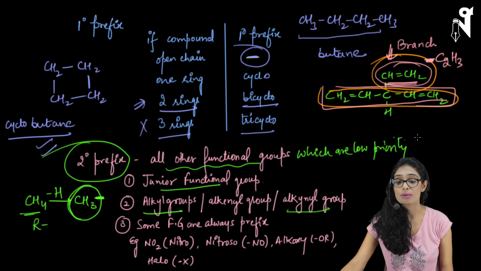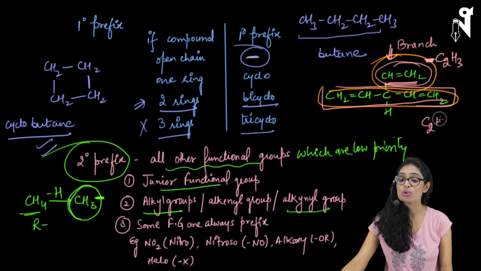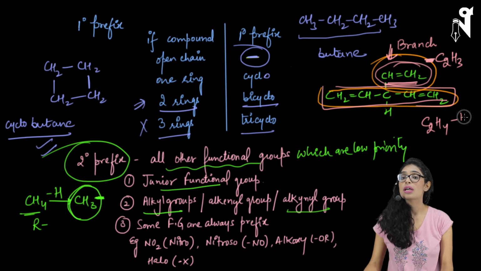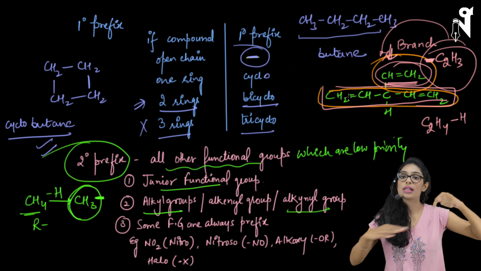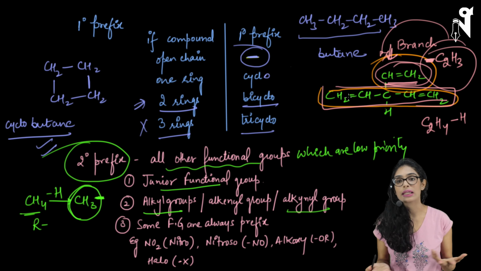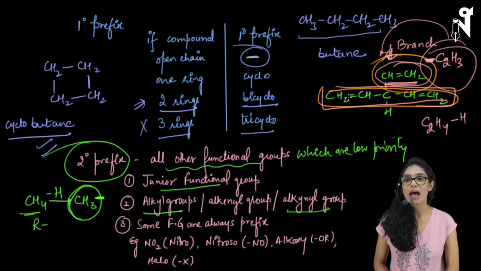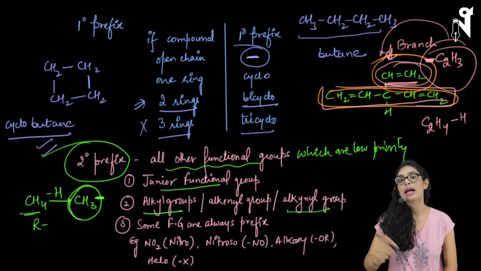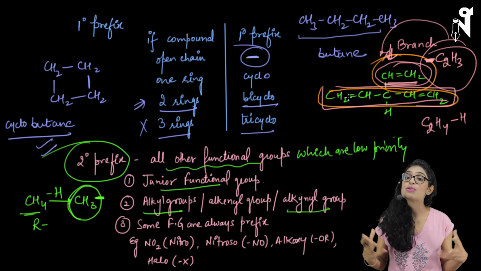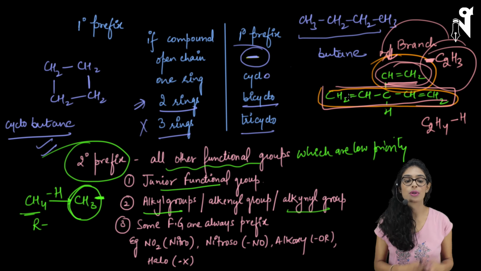Now, one hydrogen minus, and it has become C2H3, and it is acting as a branch. And that one hydrogen has basically given you that one link through which it will attach to the main chain. So this is your alkenyl group, and similarly, you will have alkynyl groups. So the names of alkyl, alkenyl, or alkynyl groups, basically the names of branches, is something we put in the secondary prefix.